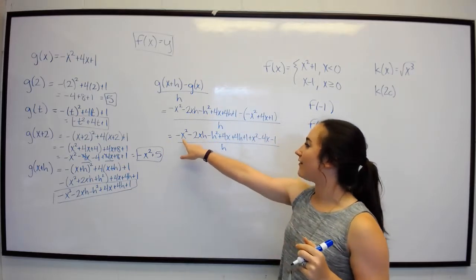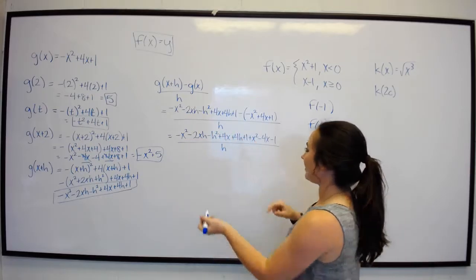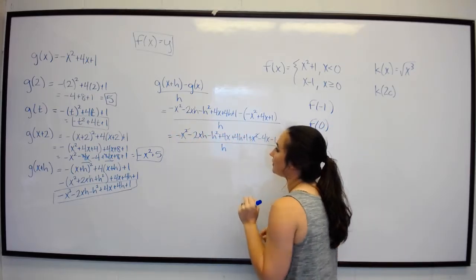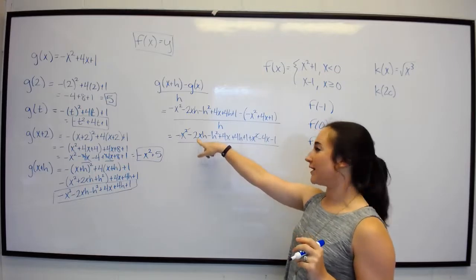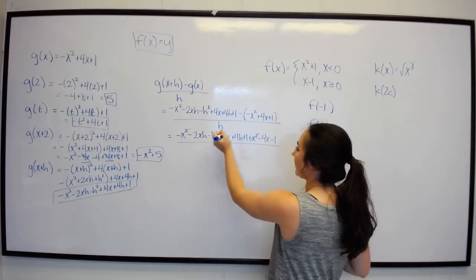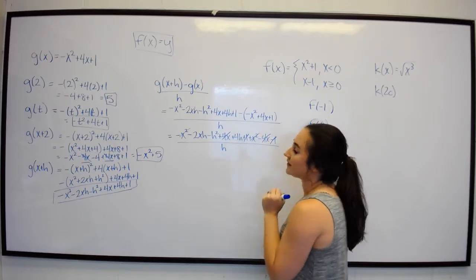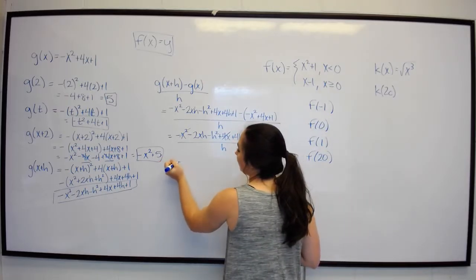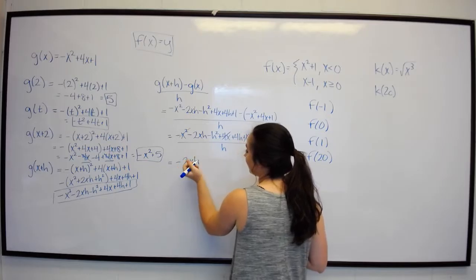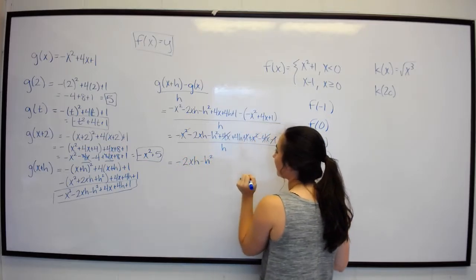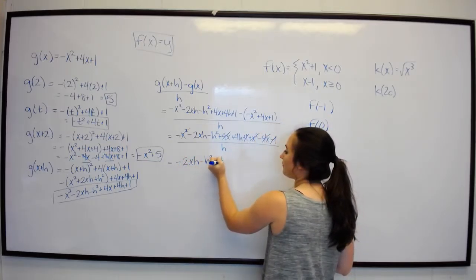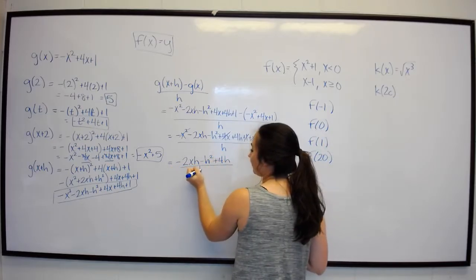If you notice, we have negative x squared and positive x squared, so those are going to reduce. We do not have another term like this or this, but we do have the opposite of this one. So we're left with negative 2xh minus h squared plus 4h all over h.